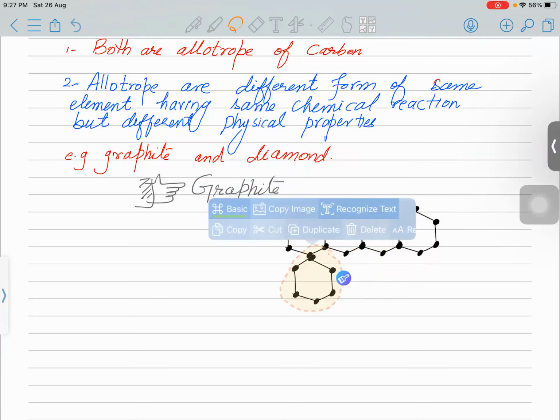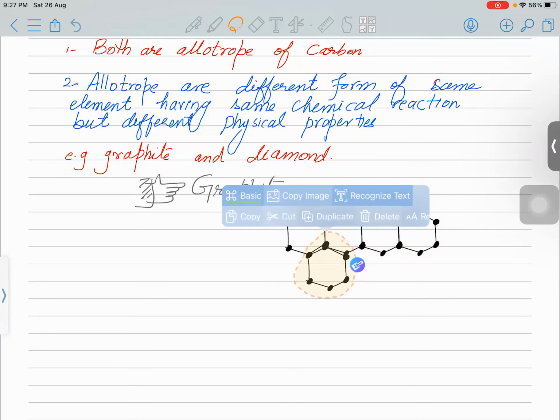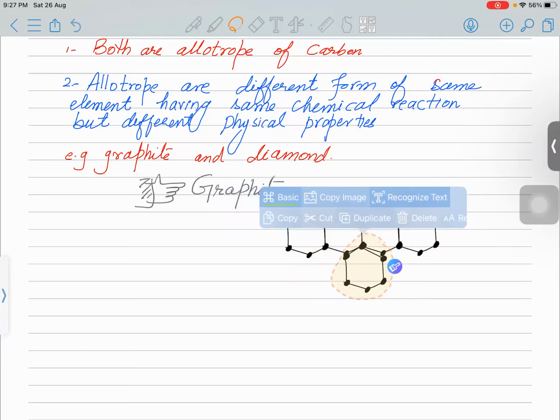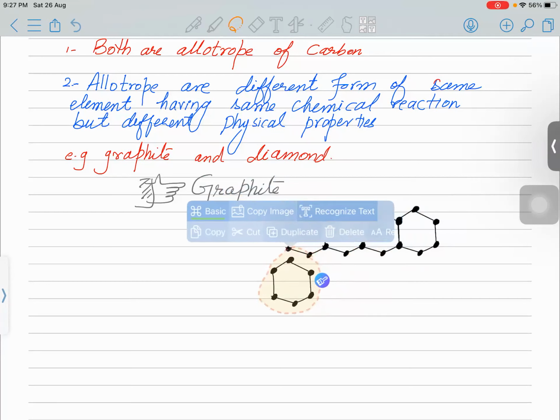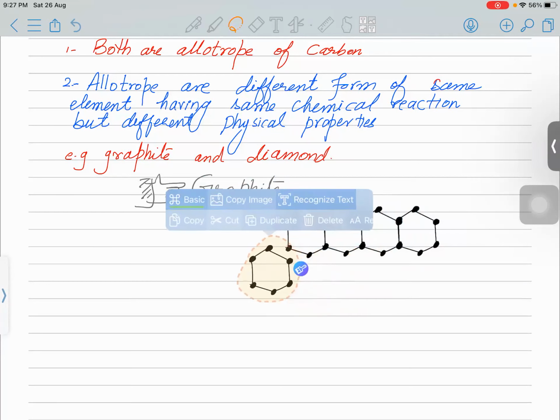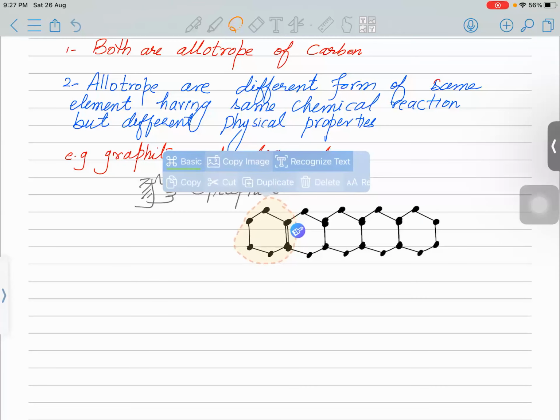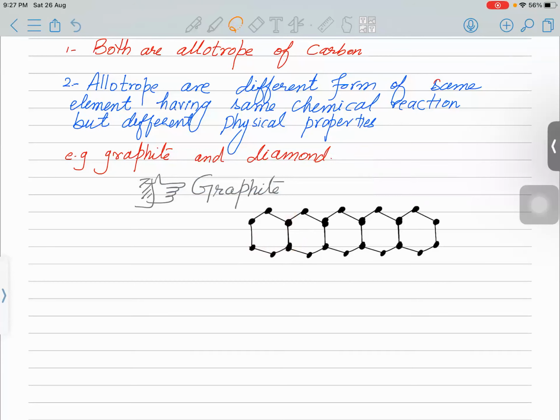All are carbon atoms, right? You can see that they are hexagonal in shape.